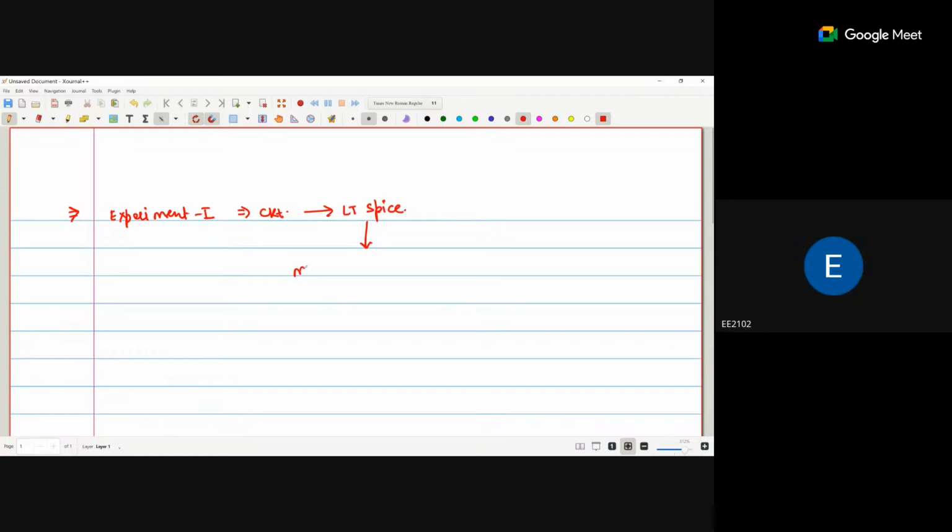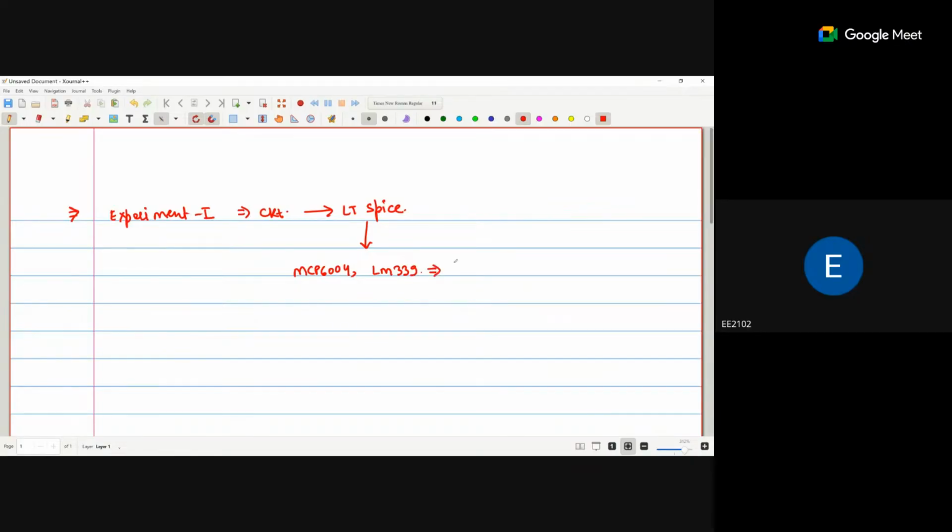One is the MCP6004, and the second component is LM339.